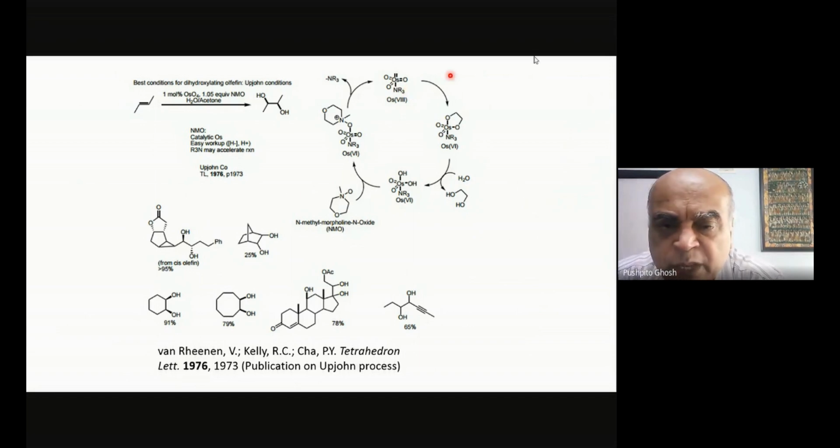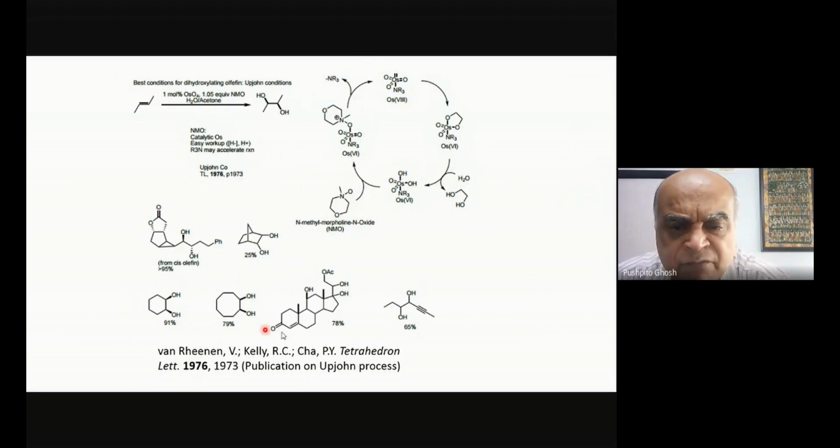Finally, what I'm consuming is this. And that actually opened up the whole area of hydroxylation with osmium tetroxide, because you could just run this particular cycle forever.